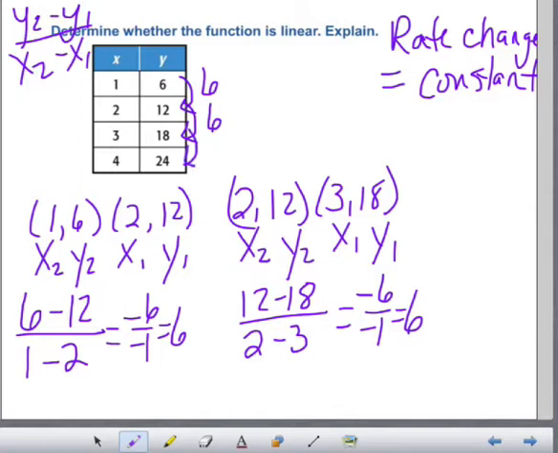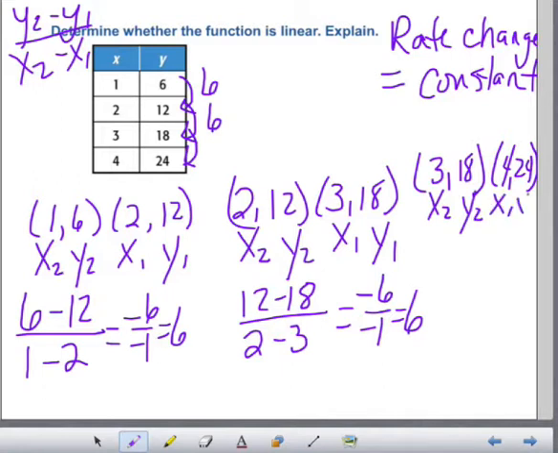Now I got to do my rate of change from the third one to the fourth one. And I've got 3, 18 and 4, 24, x2, y2, x1, y1. Just plugging all that in there.